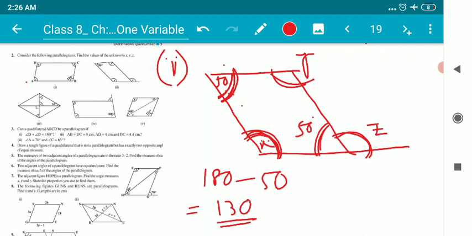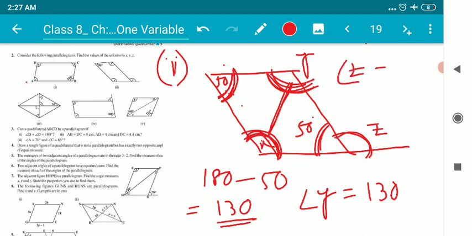Now next, children, the measure of angle y will be 130 degree only, because x and y both are opposite angles, and opposite angles are always equal, right? Now the question comes to your mind: what is the value of angle z?